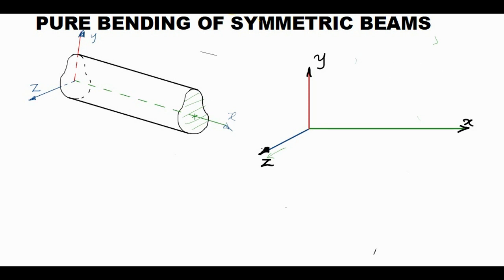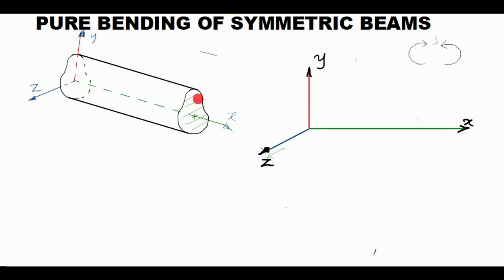The only possible load is a couple, and the couple will be in the xy plane. The couple can be in which direction? Maybe in the clockwise direction, or maybe in the anti-clockwise direction.